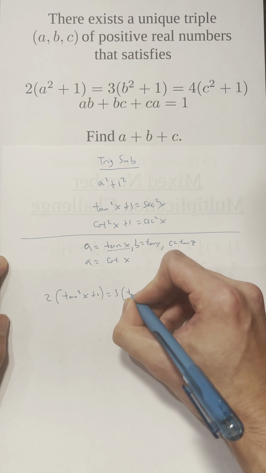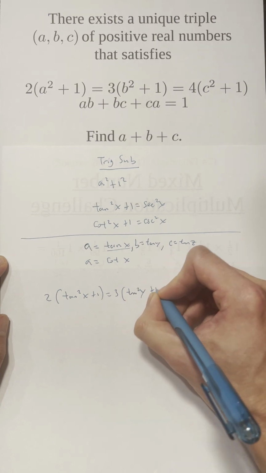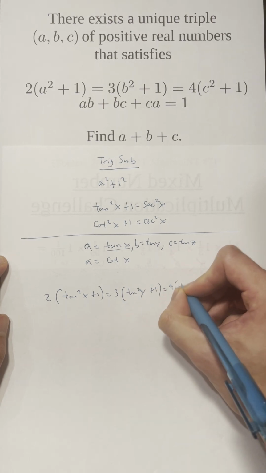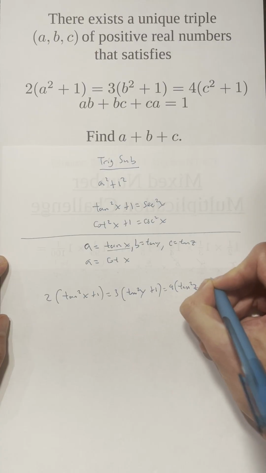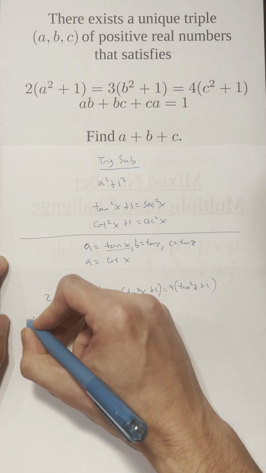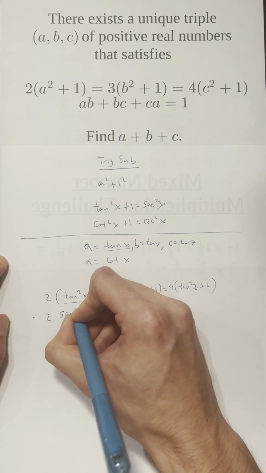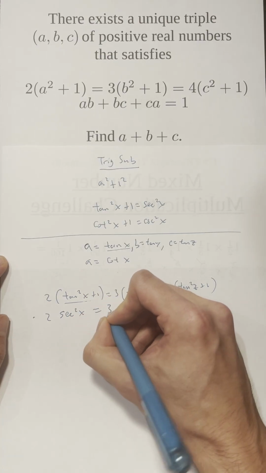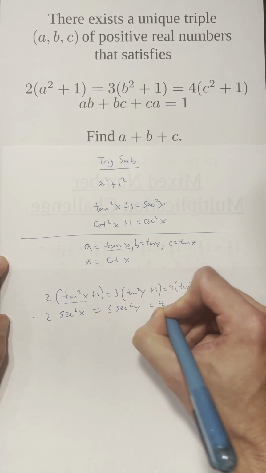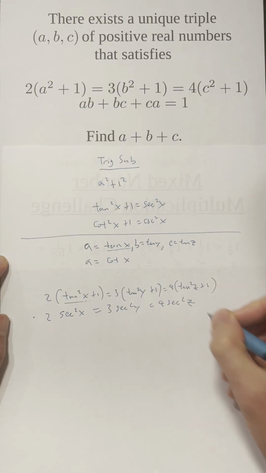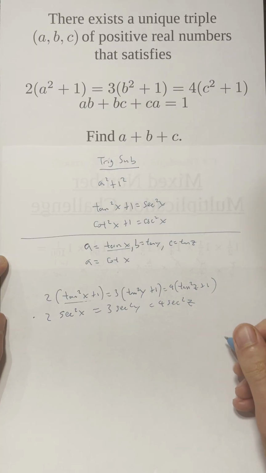So that would be tangent squared y plus 1 and 4 times tangent squared z plus 1. And this is just going to turn into 2 times secant squared x is equal to 3 secant squared y is equal to 4 secant squared z.